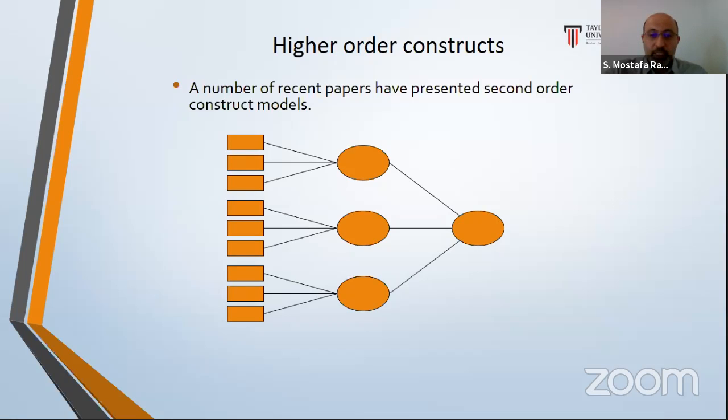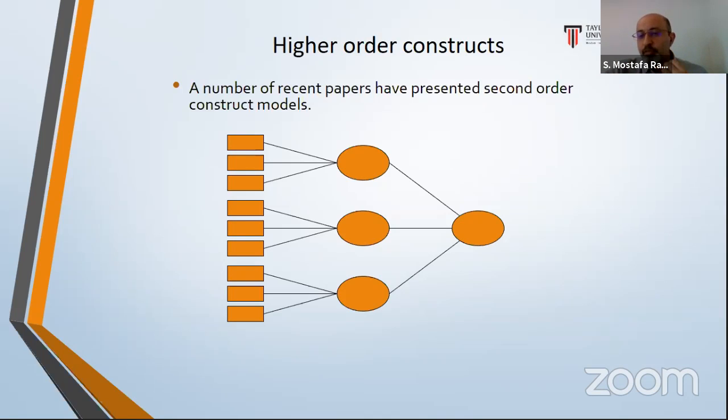So the higher order construct, the main construct, is measured indirectly by items. Items and indicators measure dimensions, and the dimensions are the indicators of the main construct.